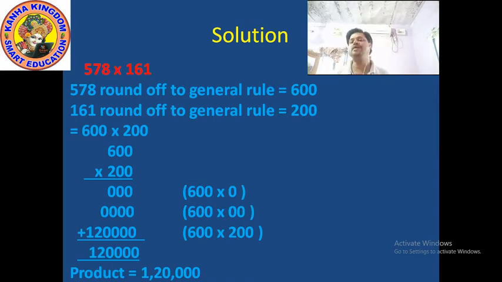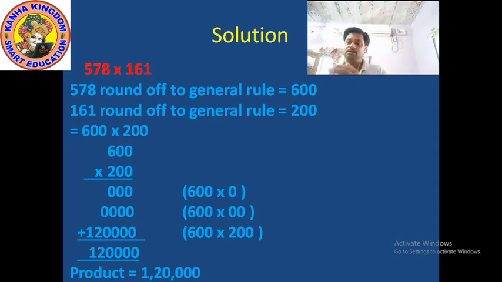Okay, so now we have both numbers: 600 multiplied by 200. The bigger number is 600, multiplied by the smaller number 200. When you multiply, first start with the ones place.